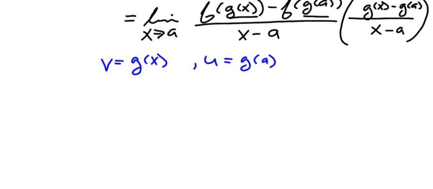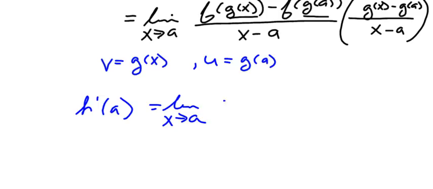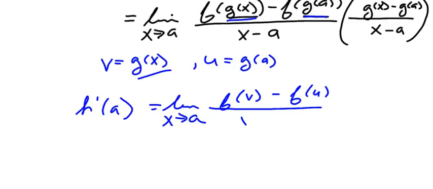So currently, I have this. H prime of a is equal to the limit as x is approaching a. And now substituting these values in, I've got f of v minus f of u, and it's going to be over v minus u. And then we're going to keep our term here.